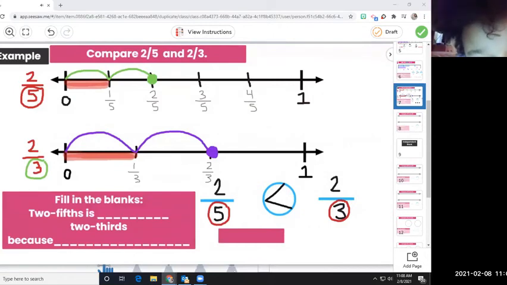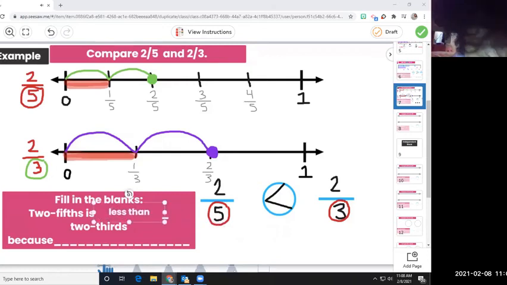Fill in the blanks and justify my answer. 2/5 is blank 2/3 because... 2/5 is less than... There we go. 2/5 is less than 2/3 because why?